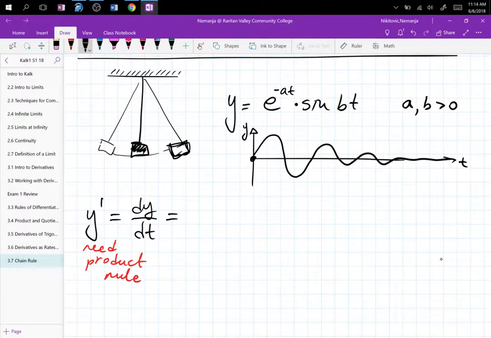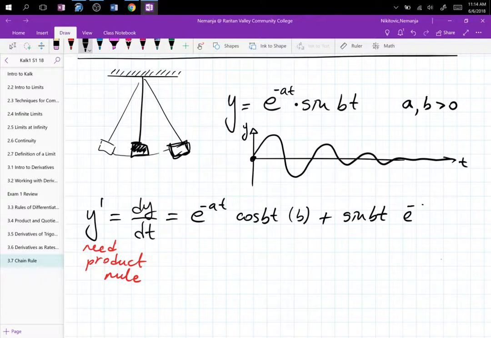The product rule says copy the first, which is e to the negative at, times the derivative of the second, well, that's cosine bt times the chain, which is b. Plus, from the product rule, copy the second one as is, which is sine bt, times the derivative of the first, well, the derivative of e to the negative at is e to the negative at, times the derivative of the top, which is this.